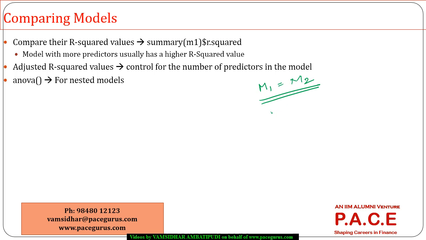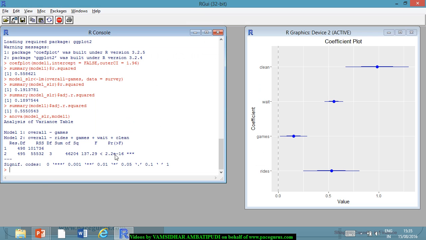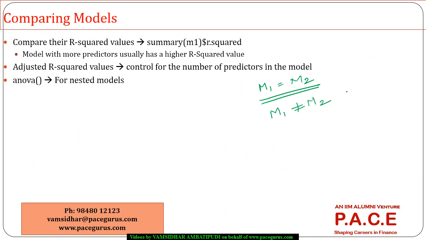The alternate says no, they are not similar. One model is much different from the other. So the p-value is 2.2 times 10 to the power of minus 16, which is less than 0.05. So if the p-value is less than 0.05, I'll go with the alternate hypothesis. The alternate hypothesis is that these two models are not similar. They are typically different.